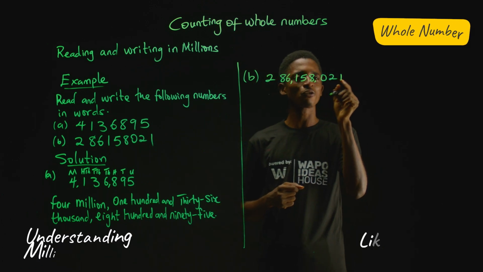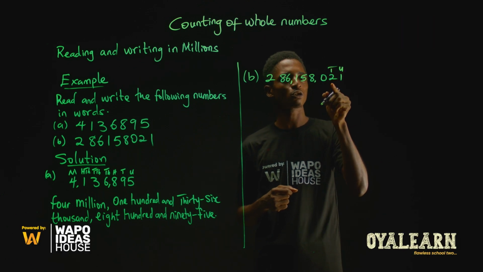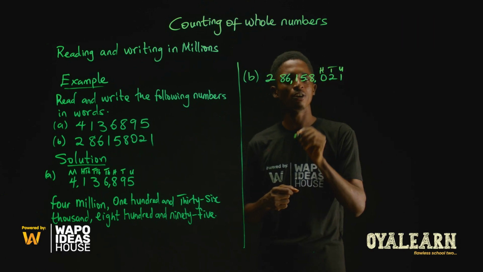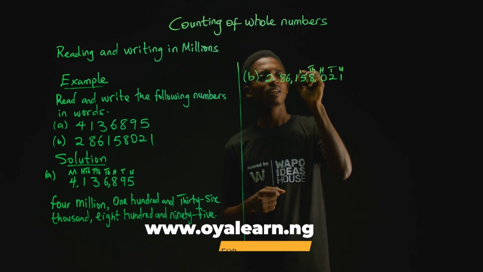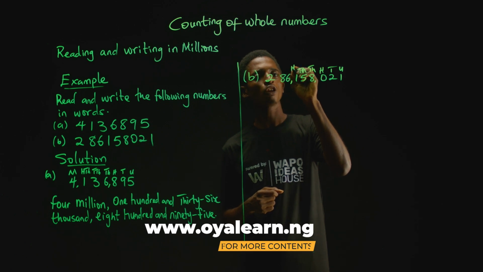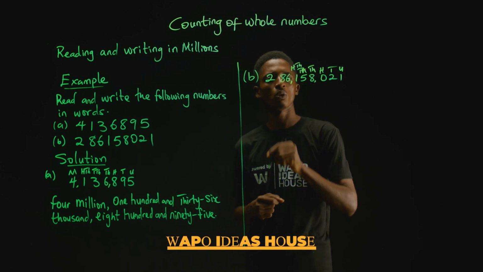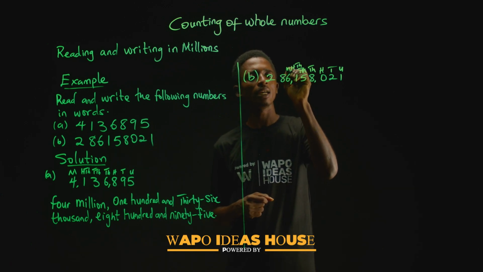For the first set of groups here, we have our units for 1, the tens for 2, the hundreds for 0. Moving on, we have the thousand, tens of thousands, then hundreds of thousands for the 1. And then when we get to the 6, we have million.